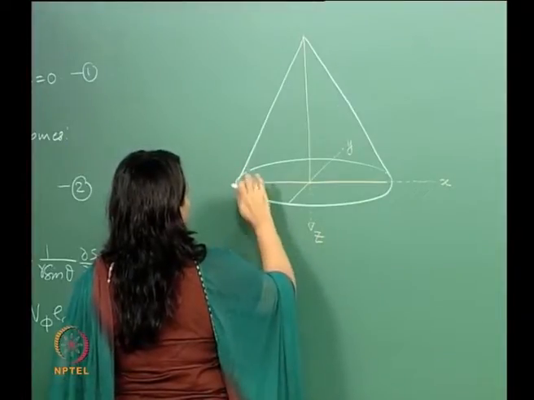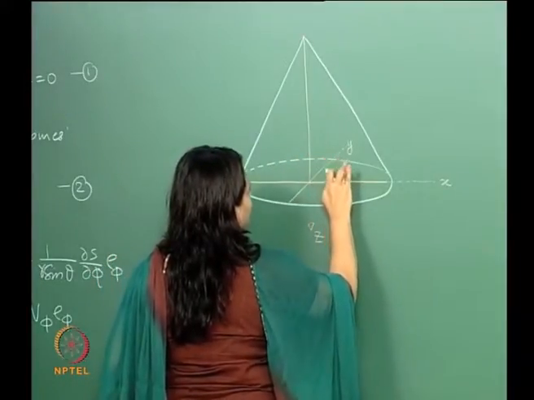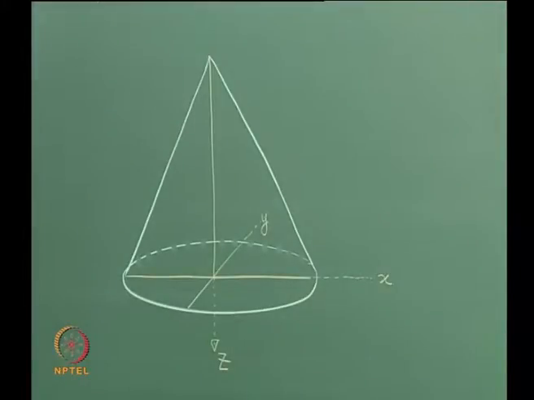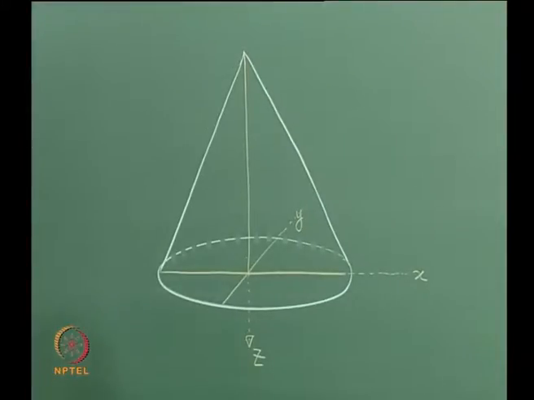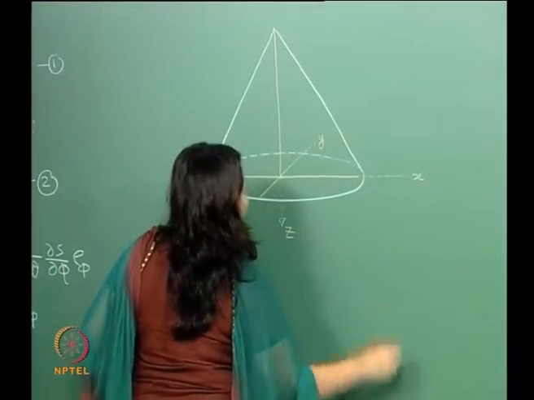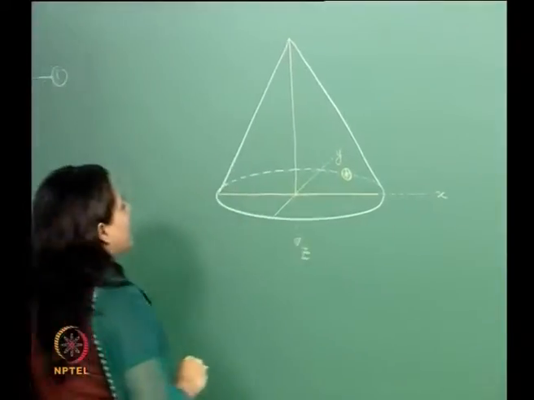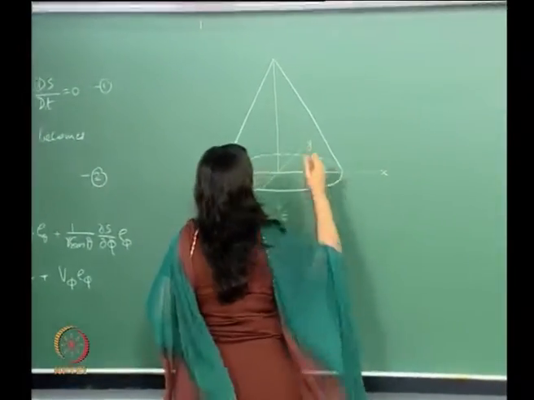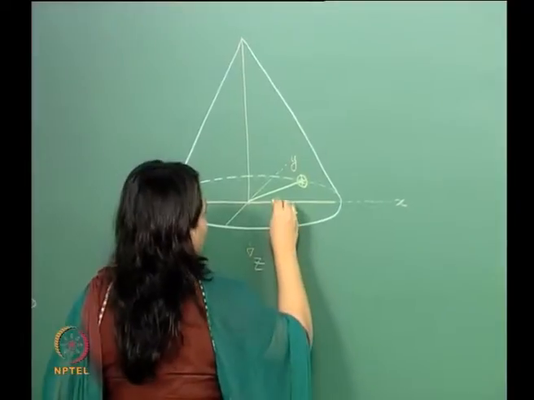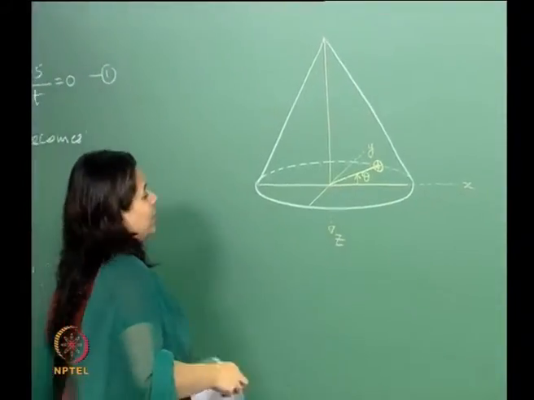So, this becomes my cone surface. Now, let us take any point here. From this point we drop a radial line from the vertex, which makes an angle theta with the x axis.